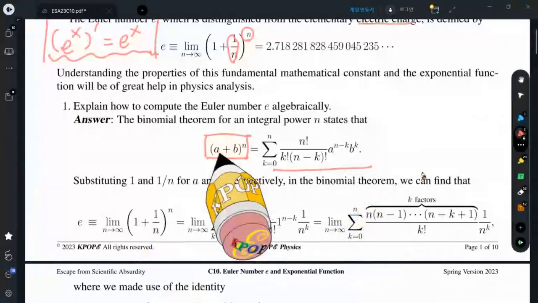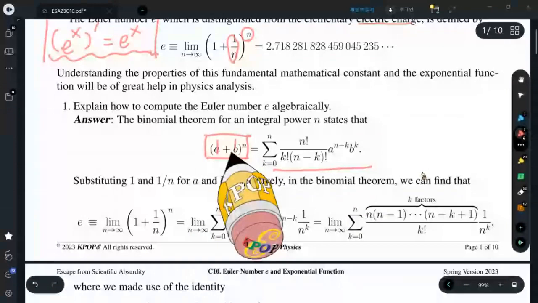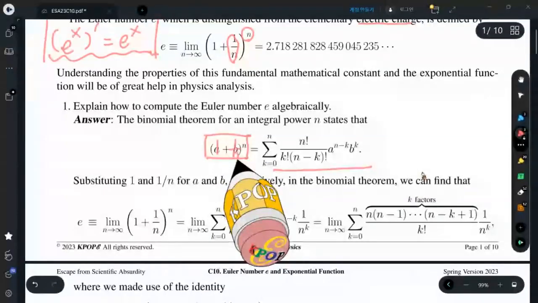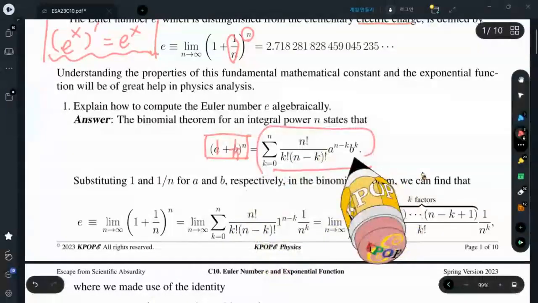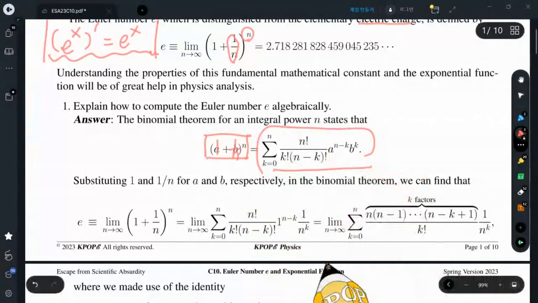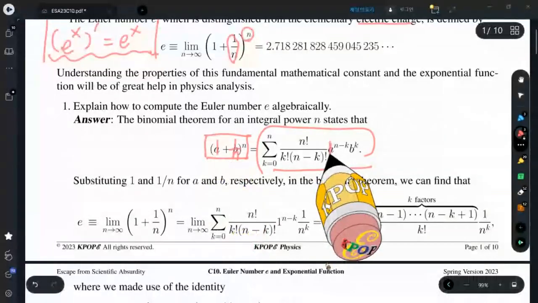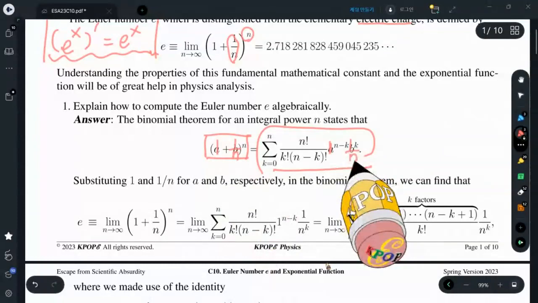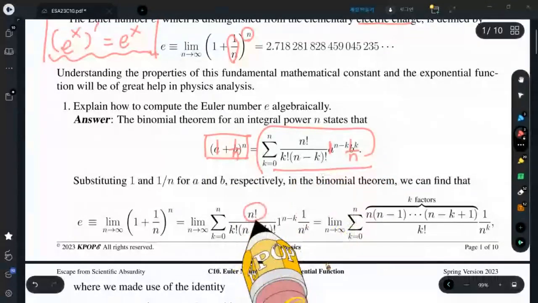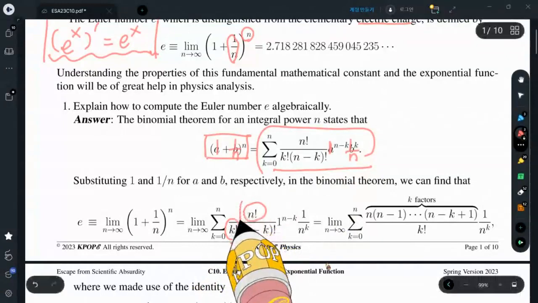Why don't we substitute 1 here and 1 over n, and follow this expansion formula. If I substitute 1 here and 1 over n here, we have n factorial in the numerator, k factorial in the denominator. The n-dependent part is this.